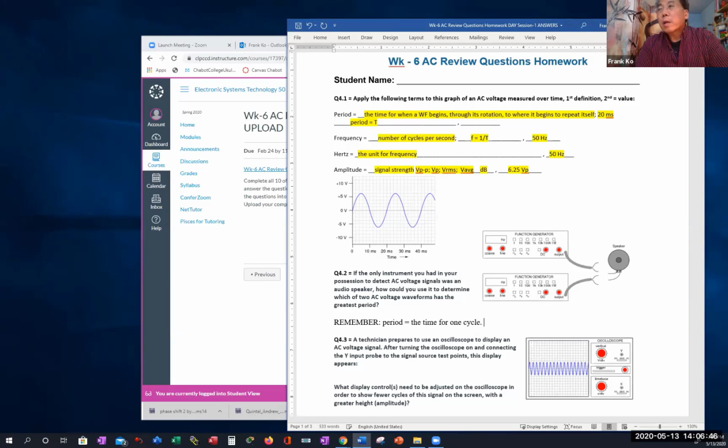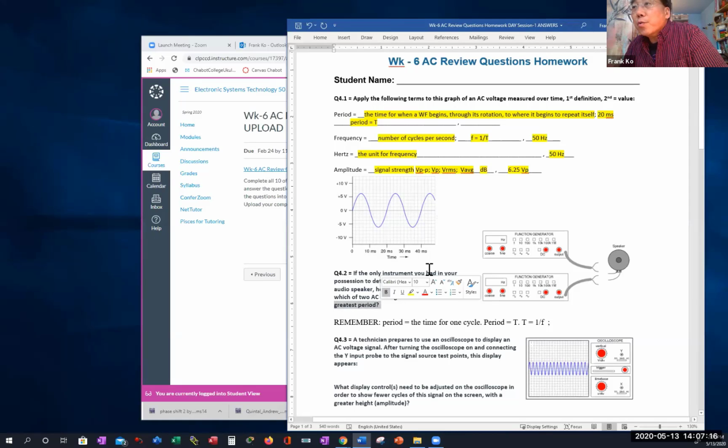Period equals T. T equals 1 over F. And as period is equal to 1 over F, you're looking for the greatest period, but all you can do is with an audio speaker. An audio speaker is going to emit sound, yes?